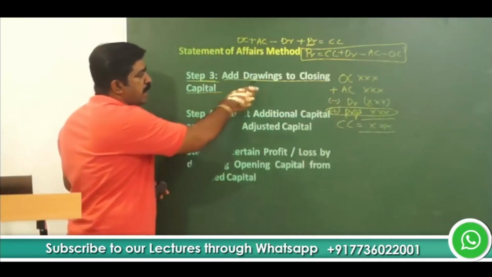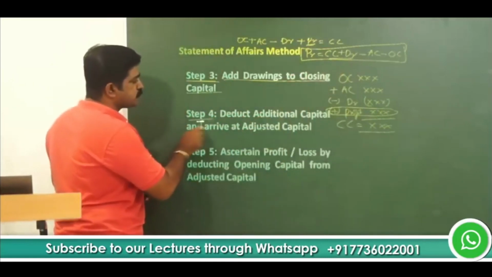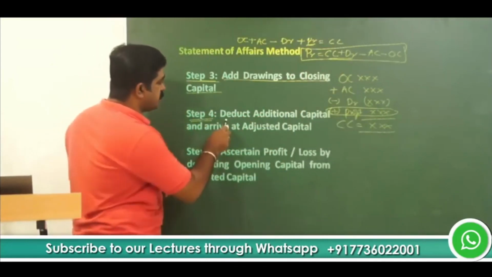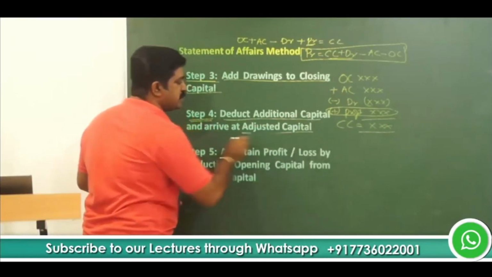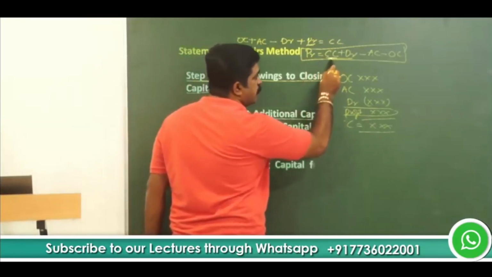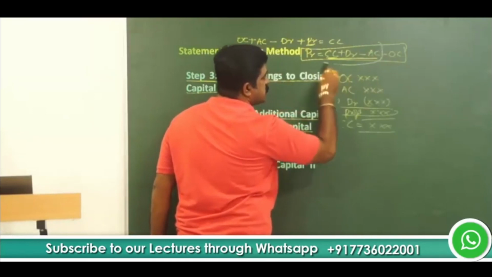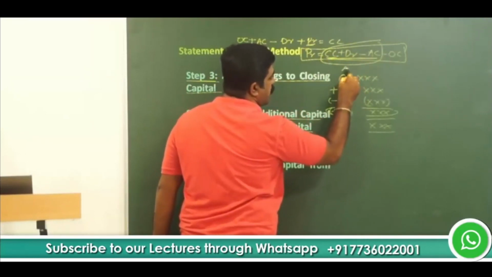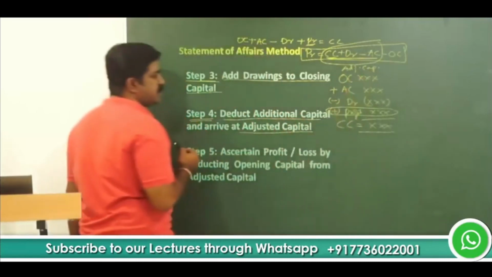So that's what you see here. Step 3, add drawings to closing capital. We did that. Step 4, deduct additional capital and arrive at what is known as adjusted capital. That is, at this stage, closing capital plus drawings minus additional capital. If you are done with this, we call this adjusted capital.